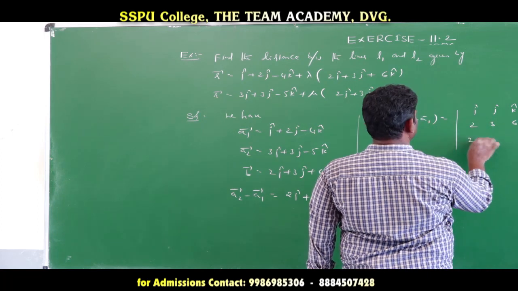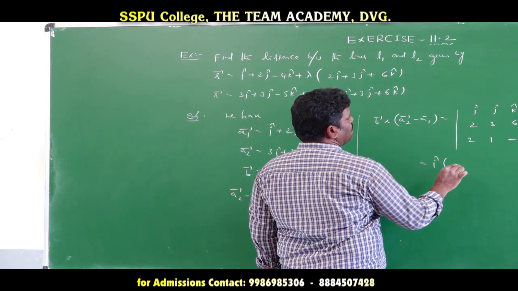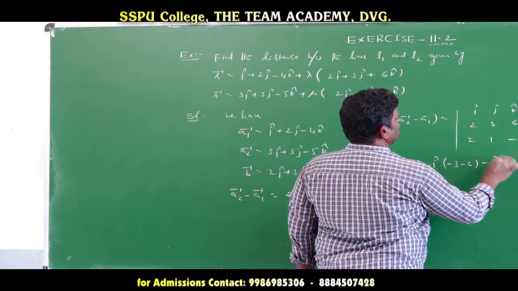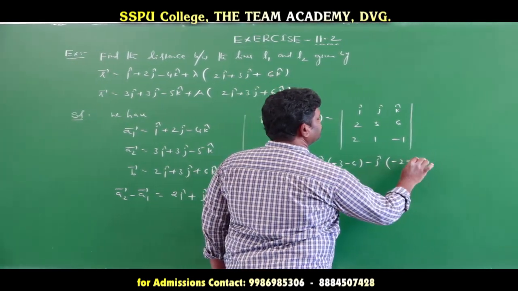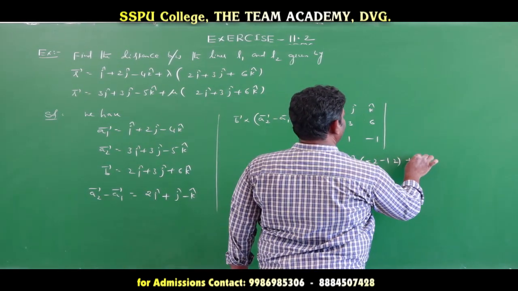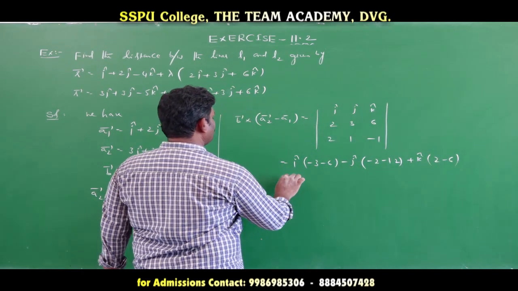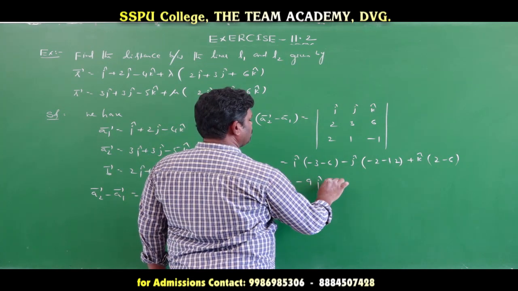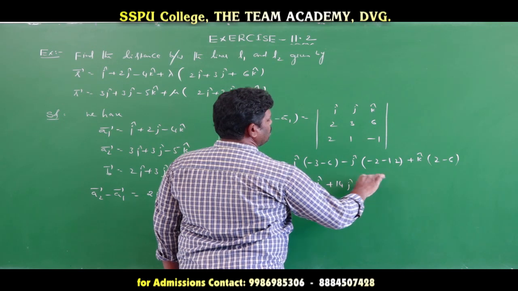This value 2, 1, minus 1 value, that is equal to i cap 3 into minus 1 minus 3 minus 6, minus j cap minus 2 minus 18, sorry 12, 6 2s are 12, plus k cap 2 minus 6 value, that is equal to minus 9 i cap minus into minus plus 14 j cap minus 4 k cap.